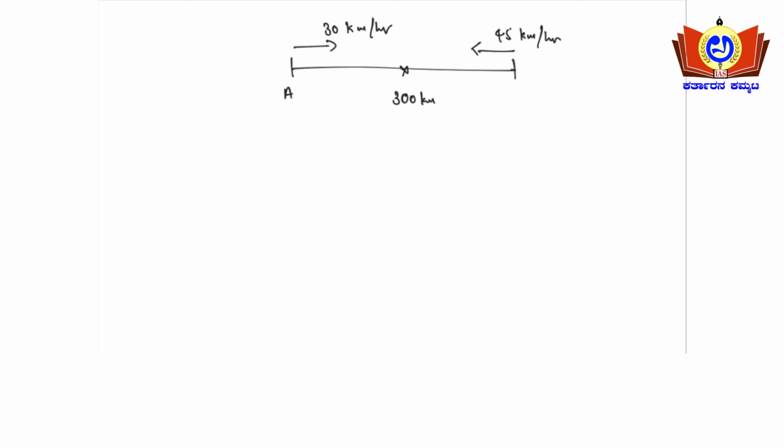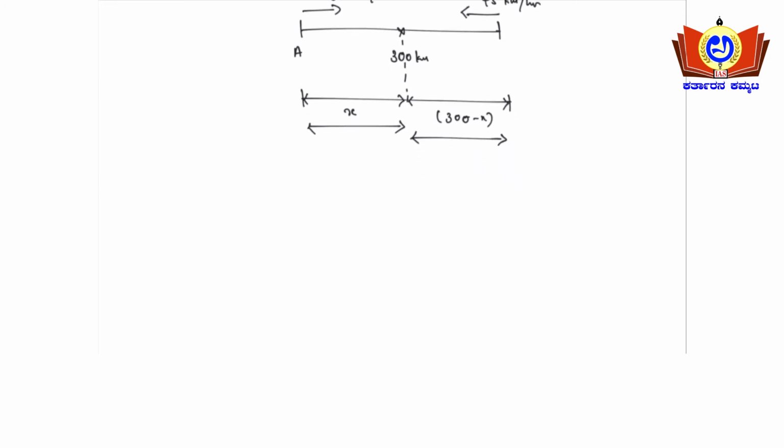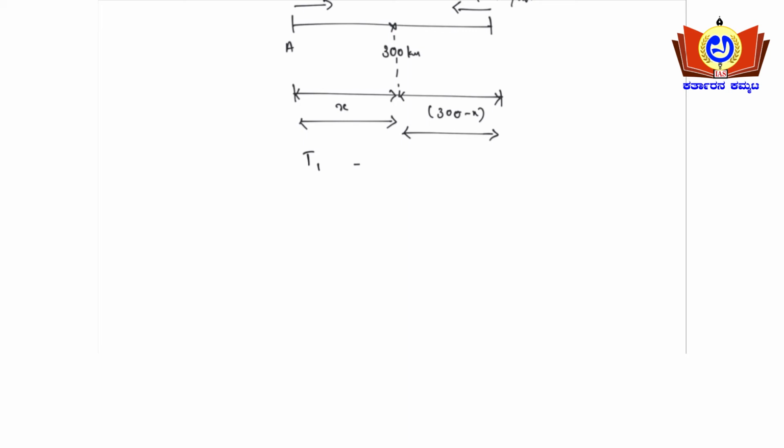If you consider this part as x, the other part will be 300 minus x, the total distance. Now we will be equating the times, t1 equals t2, as the trains are moving toward each other.